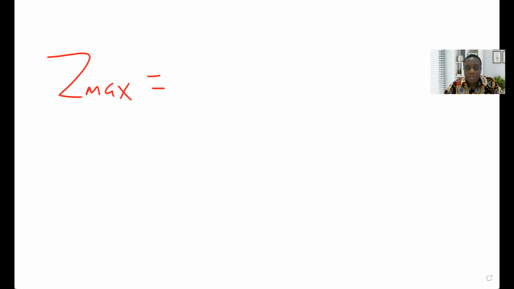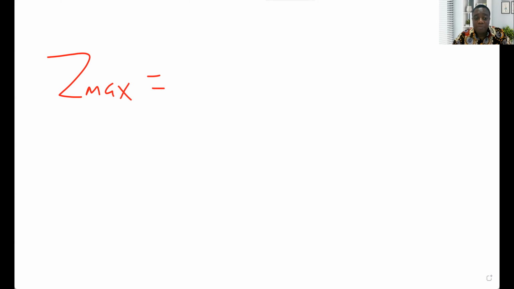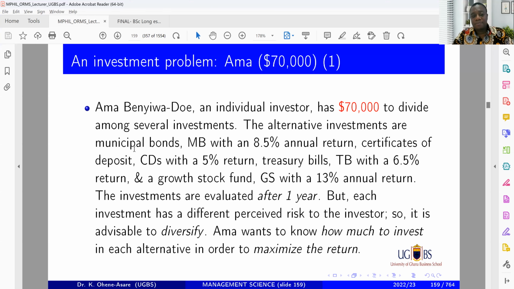Let me show you the information, by the way. In fact, let me write it here first before I take it to the board. So Z max equal to, how will you write it? Yes, Dora.